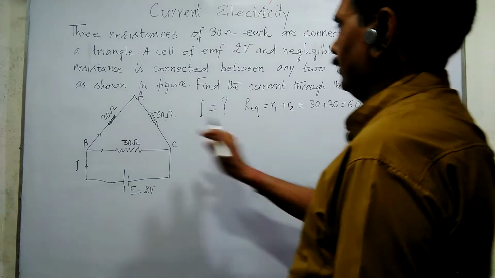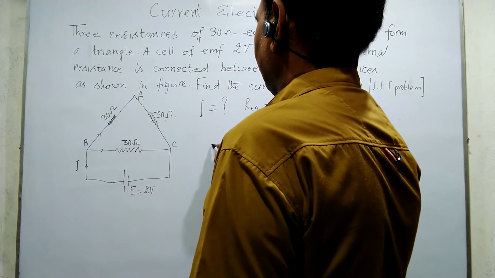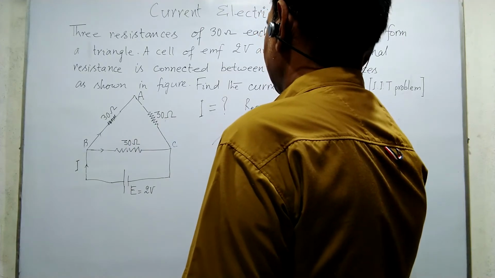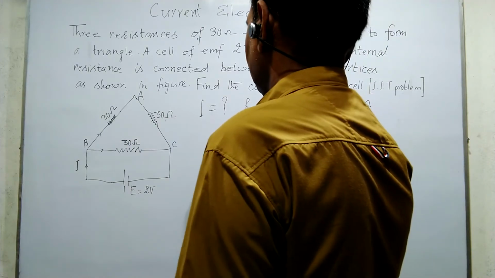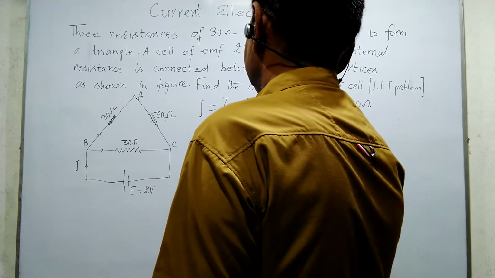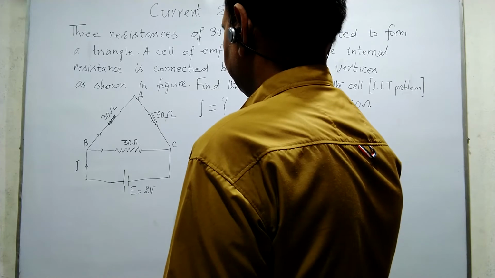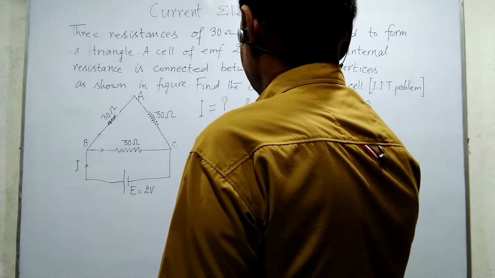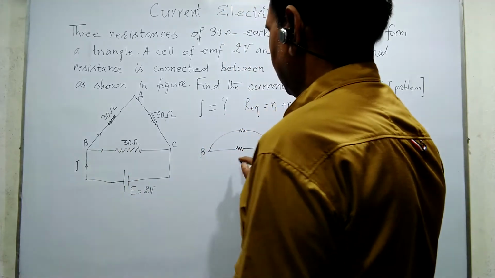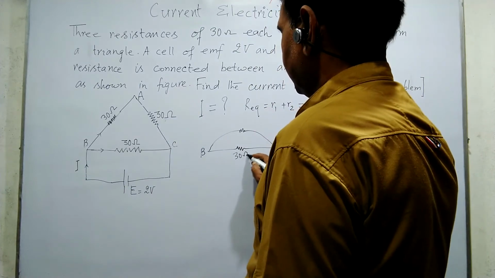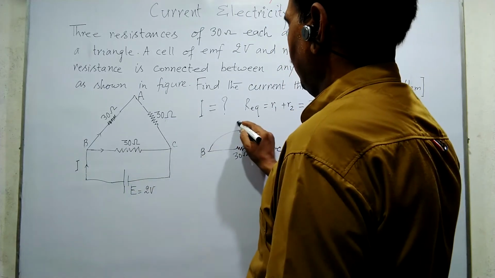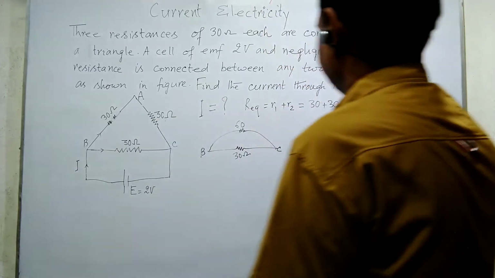We can draw a triangle figure, a diagram like this. Let us say this to be B and C. Between B and C there is a resistance of 30 ohm, and this is now 30 plus 30, 60 ohm.